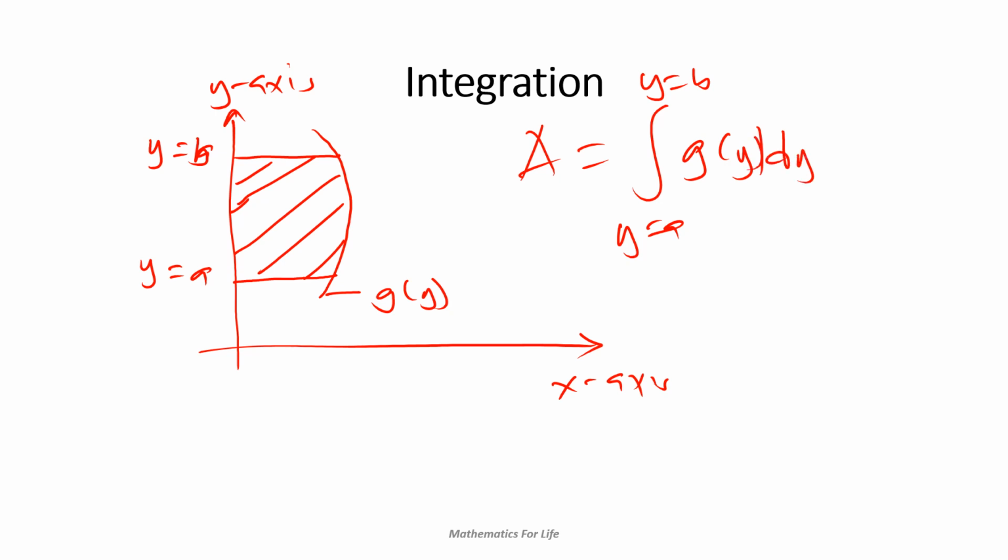And again, just like in the case where we have y of x dx and then evaluate the integral for the provided limits, it is the same case when the curve that you've been provided is a function of y. You integrate that particular curve with respect to y and evaluate the resulting integral for y equals a and y equals b.